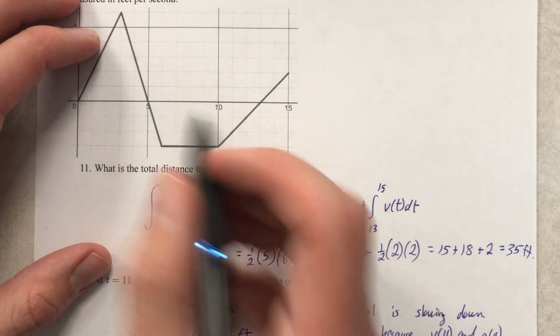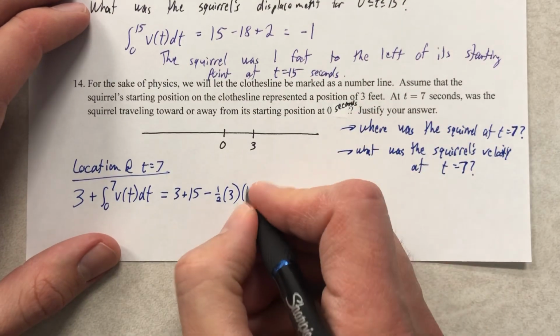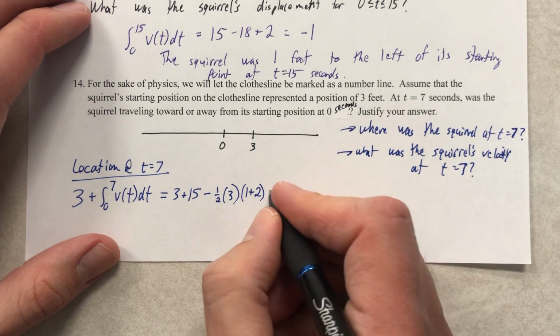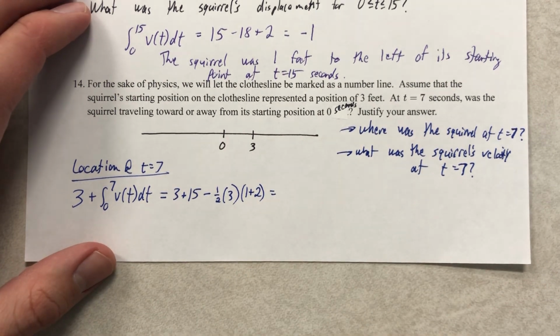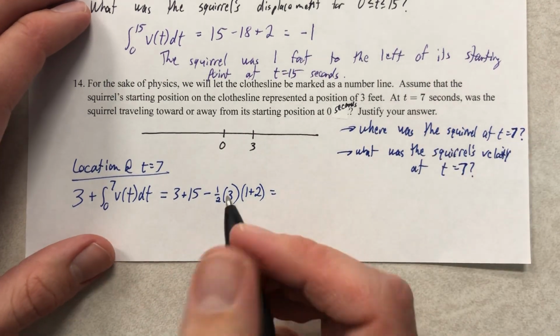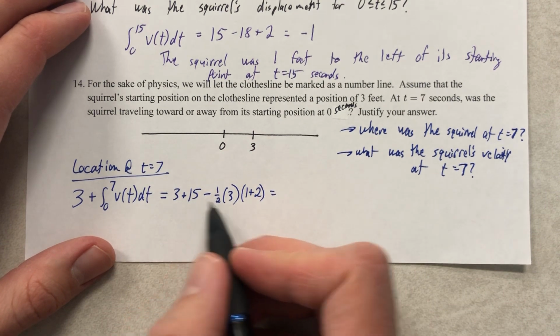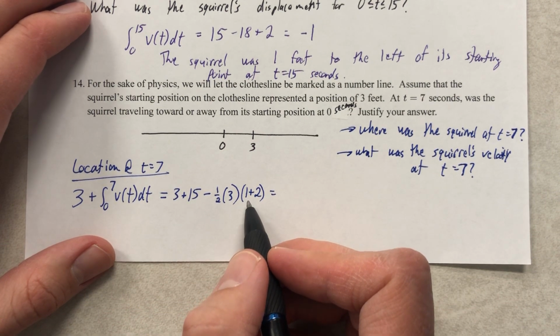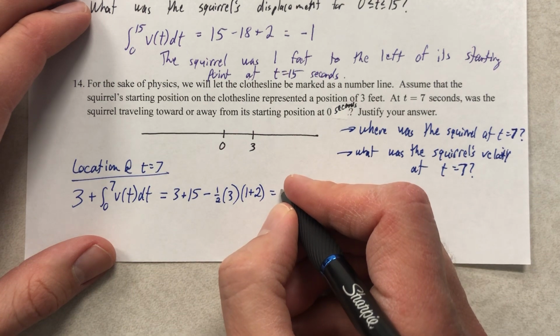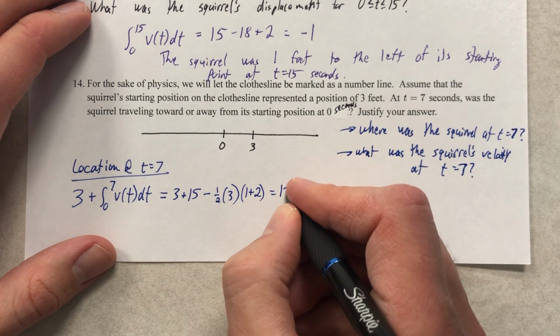So 1 plus 2. We do have to justify our answer at the end. So we have 18 minus 4.5, which is going to give me 13.5.